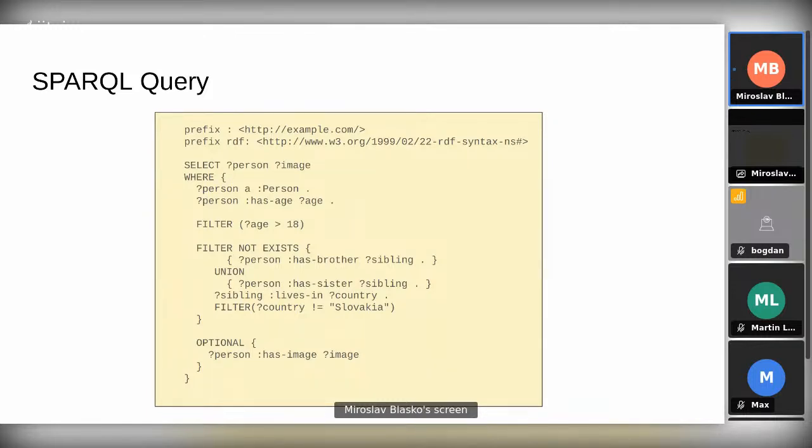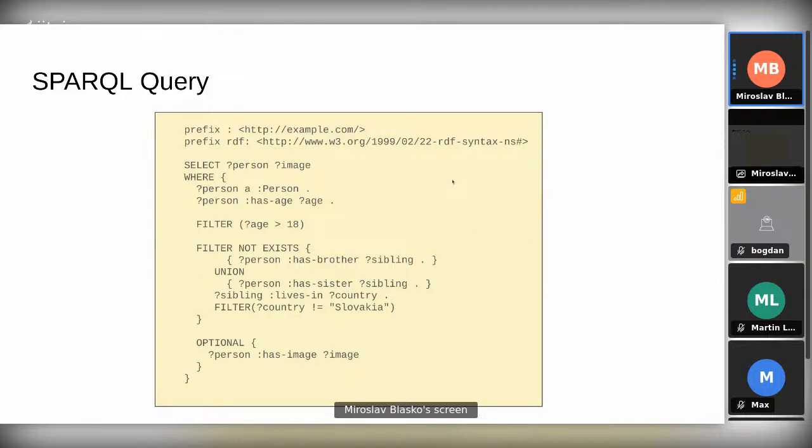If you remove everything between the WHERE parentheses, you would get an actual result, and you would return one row containing unbound variables of person and image. So if you remove the content of WHERE, this is called an empty group pattern, and I will reference that later.